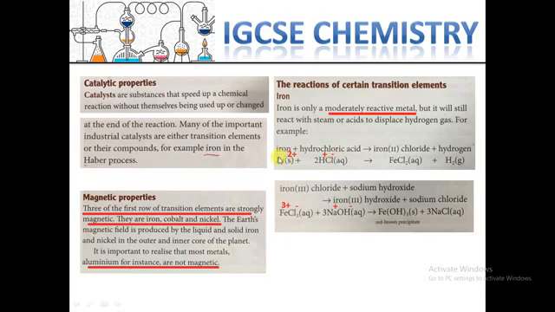So iron would rather react with chlorine, actually replacing the hydrogen. Then at the end we will receive iron 2 chloride, and the hydrogen will be alone, can react with the other hydrogen, and produce hydrogen gas.